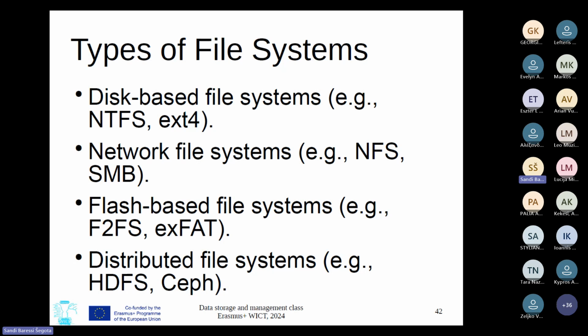And finally, you have distributed file systems like HDFS, Ceph. These are for when you need to store, let's say, a single directory of data across multiple systems. Why would you need this?